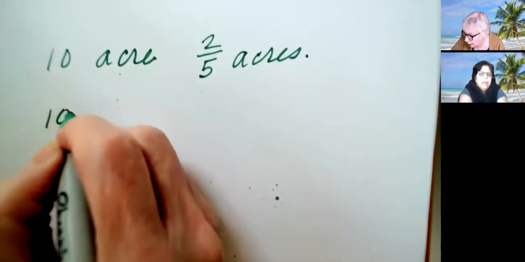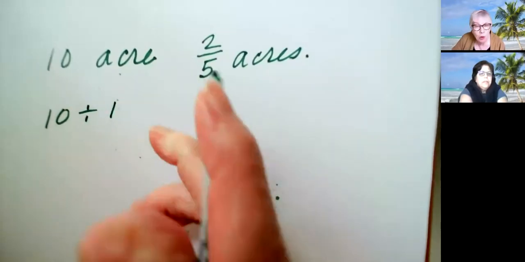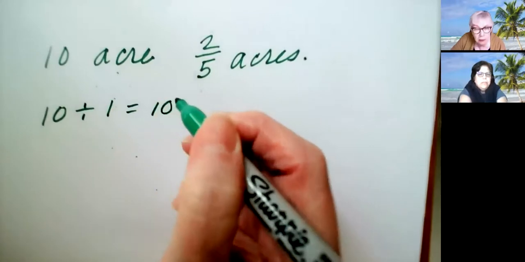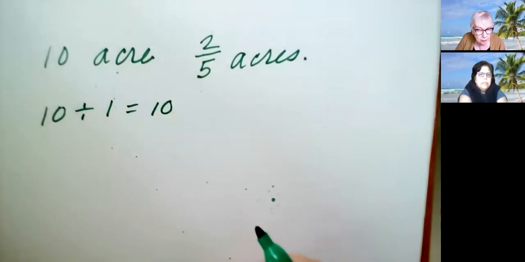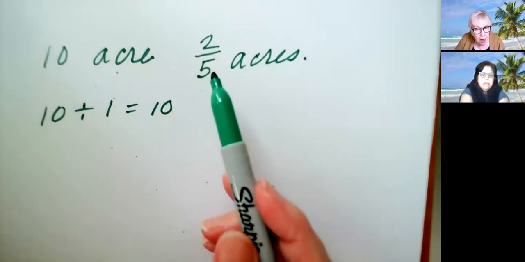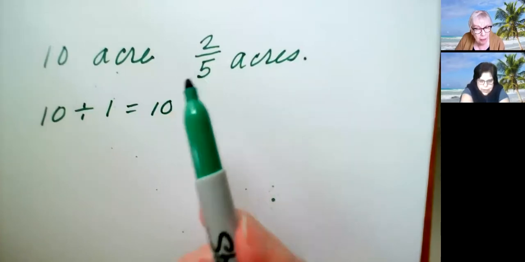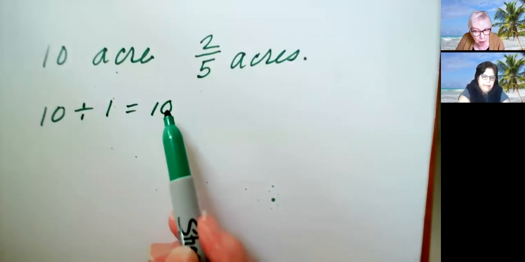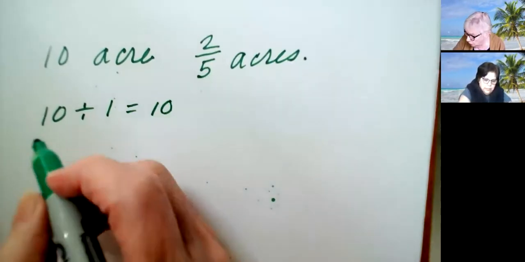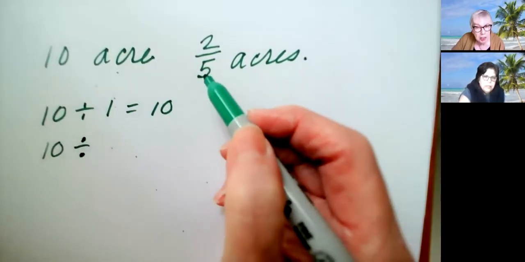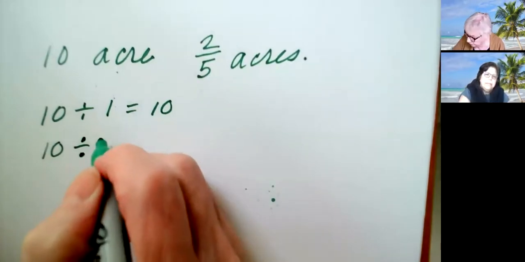If each one was an acre, that would give you 10 lots. Now, these are not a full acre, but this is the formula for how you need to do this problem: the total, which was 10 acres, divided by the size of each one.